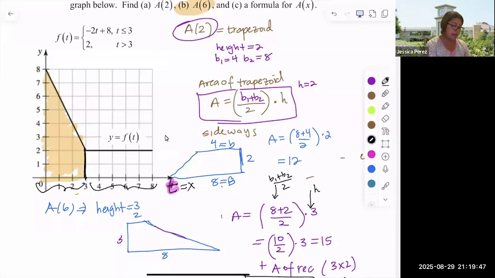We know that one of the bases is 8. That's base 2. And base 1 is going to be 8 minus 2x.